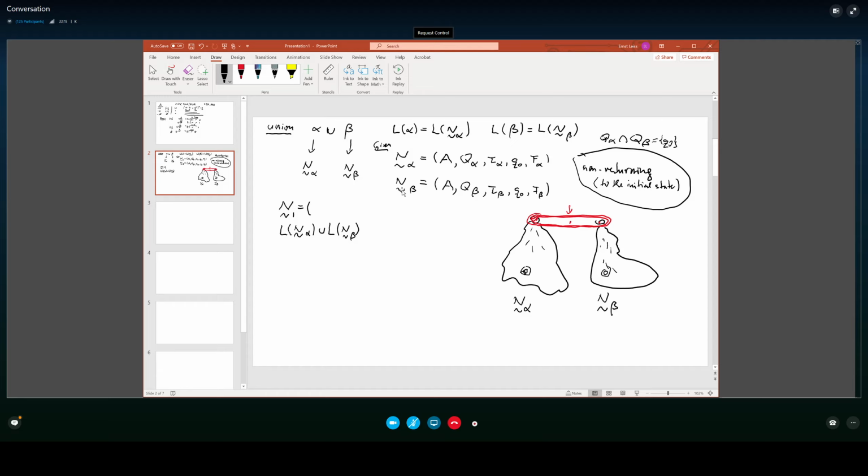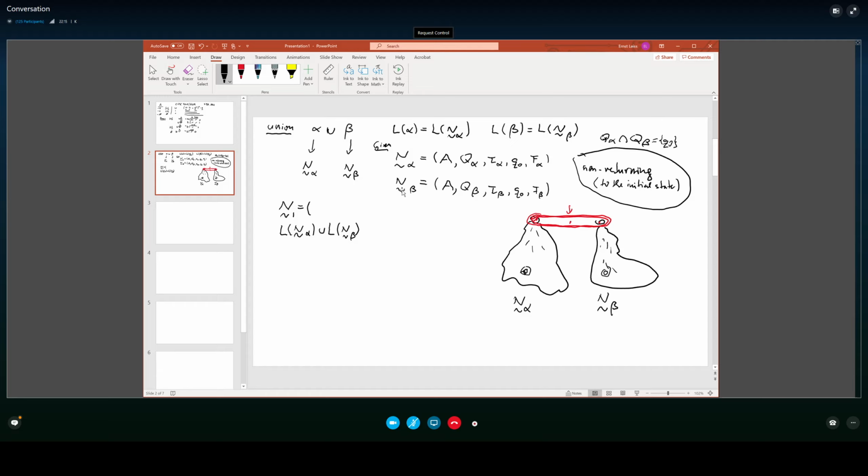So effectively, in order to define that union automaton, we really have to define just three things. We have to define Q1, we have to define tau 1, and we have to define F1.